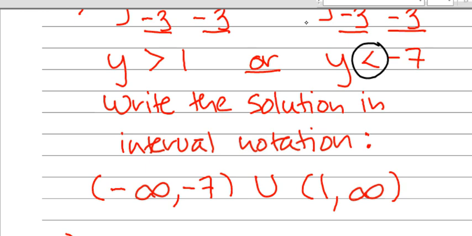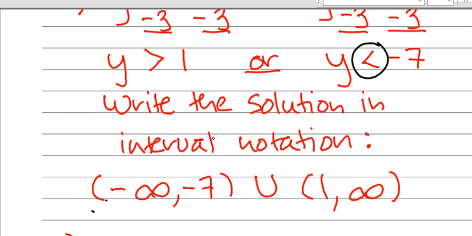Since it's less than, I'm going to use a parenthesis, and remember we always start from negative infinity, and infinity always uses the parentheses as well. So I've got parenthesis, negative infinity, comma, negative 7, parenthesis.